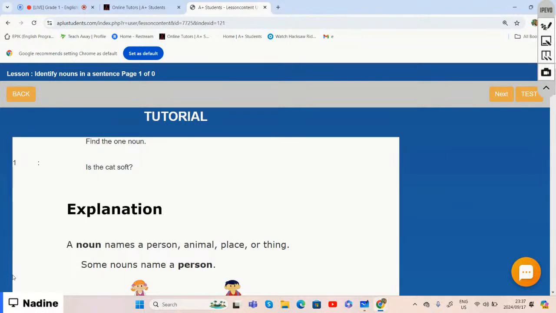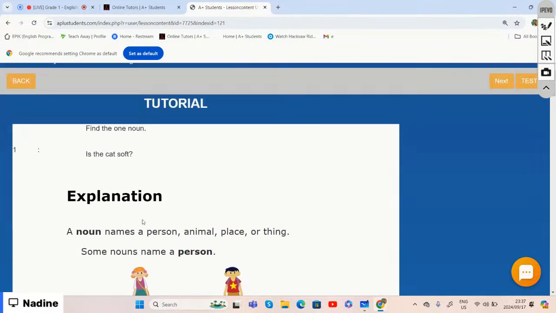We're going to look at the sentences and then say what the noun within that sentence is.